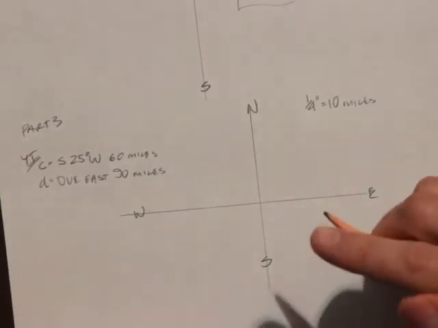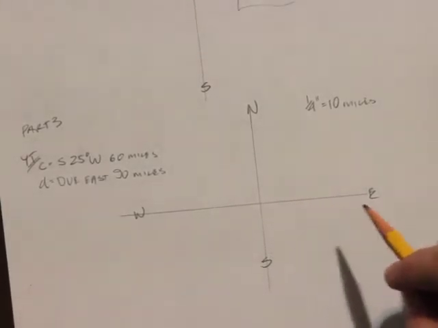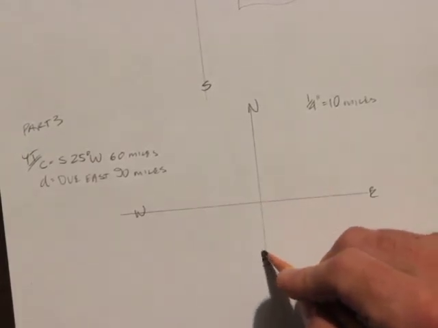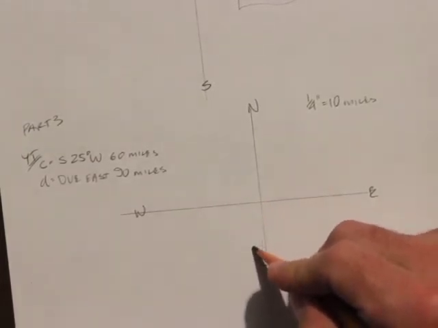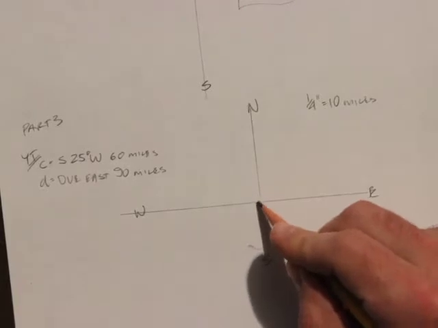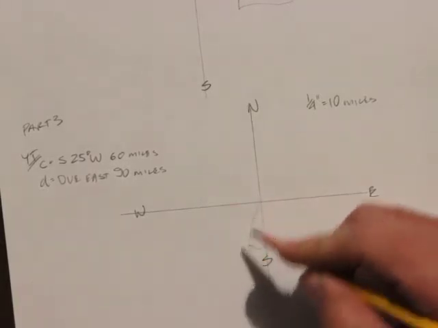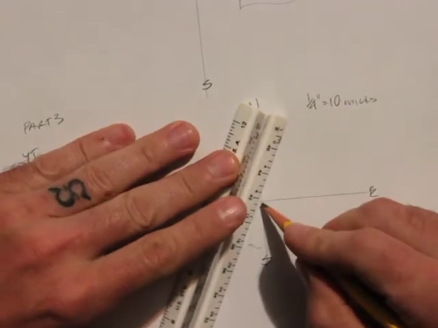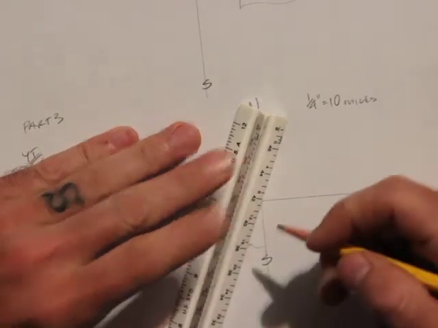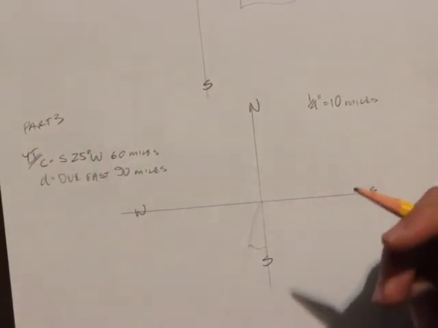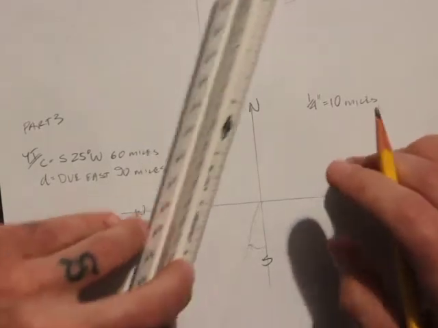Okay, so we first have south 25 degrees west. So that'll be, start with south, 25 degrees to the west. So we'll say that's about 25 degrees. And we go 60 miles that direction.